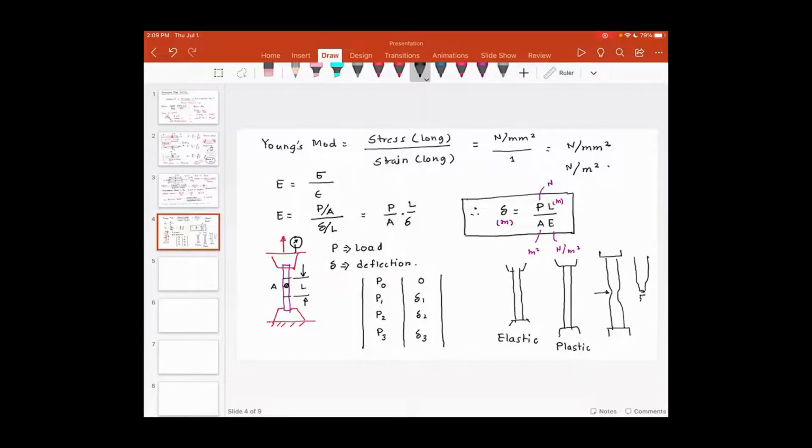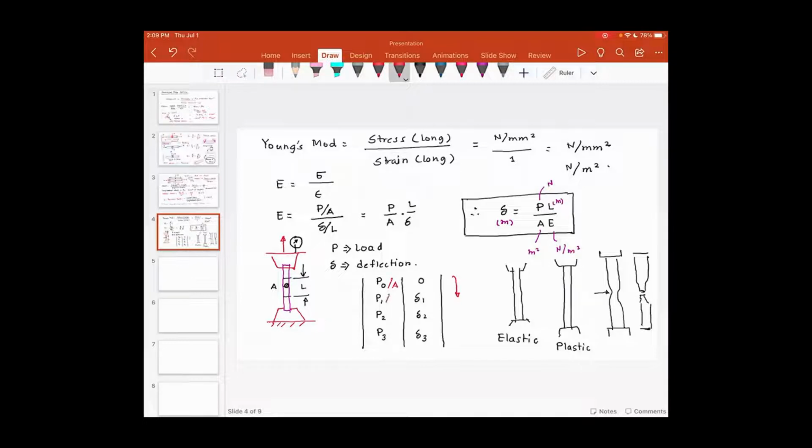And typically you observe sort of cup and cone type of failure. So you would observe as you progress through these loads, all the way to the failure, you would see the component behaving like this.